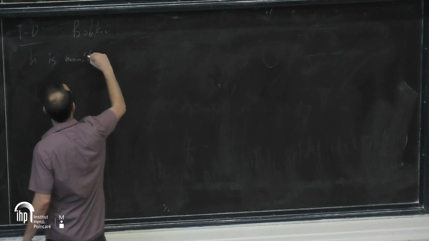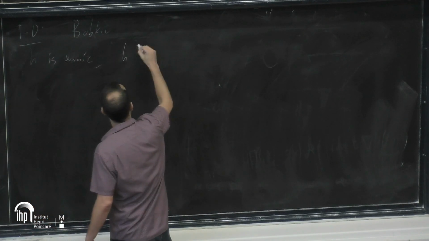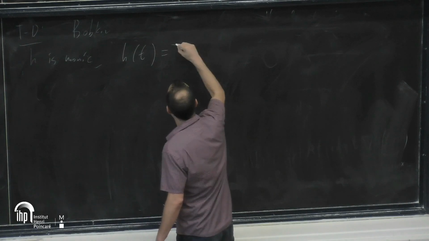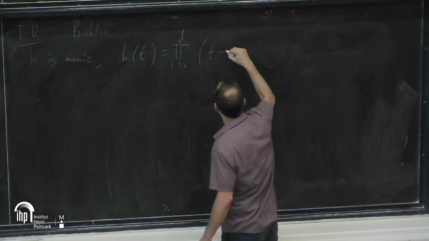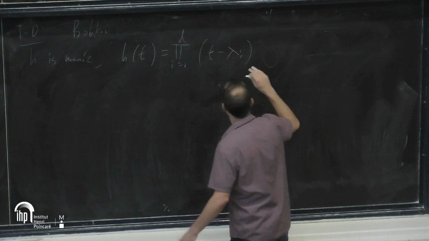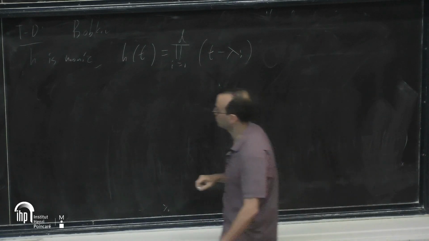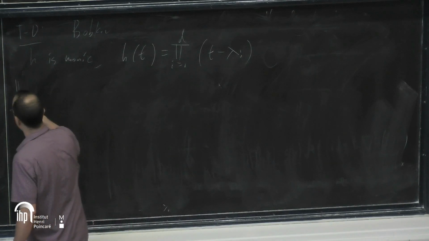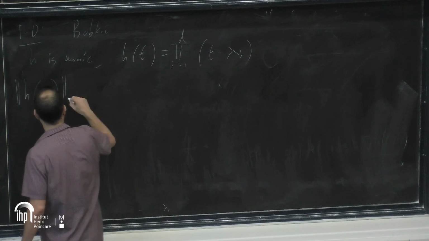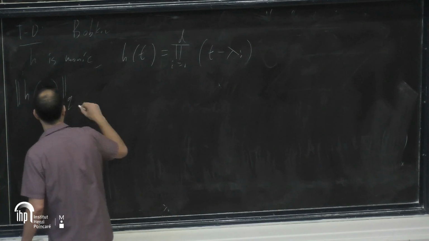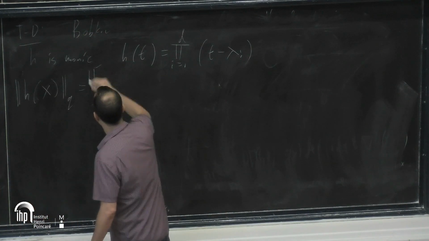Why not? So H of t is the product of at most D terms, t minus lambda_i, for some complex numbers lambda_i. And therefore the LQ norm of H in one dimension is the LQ norm of this product.